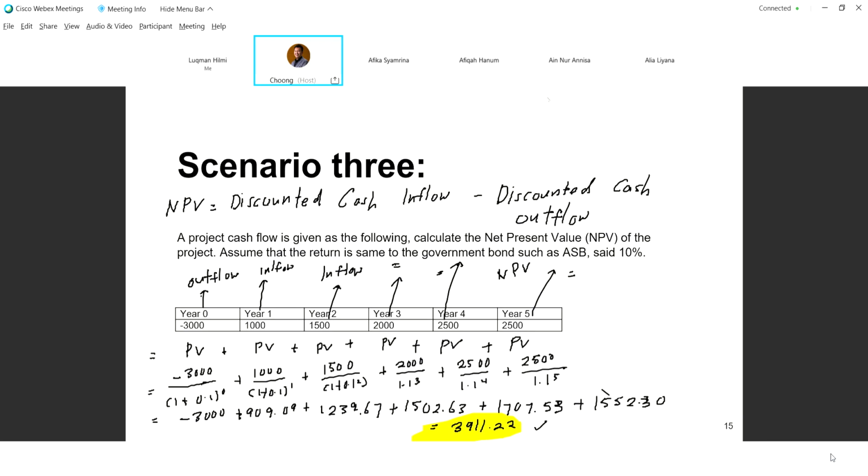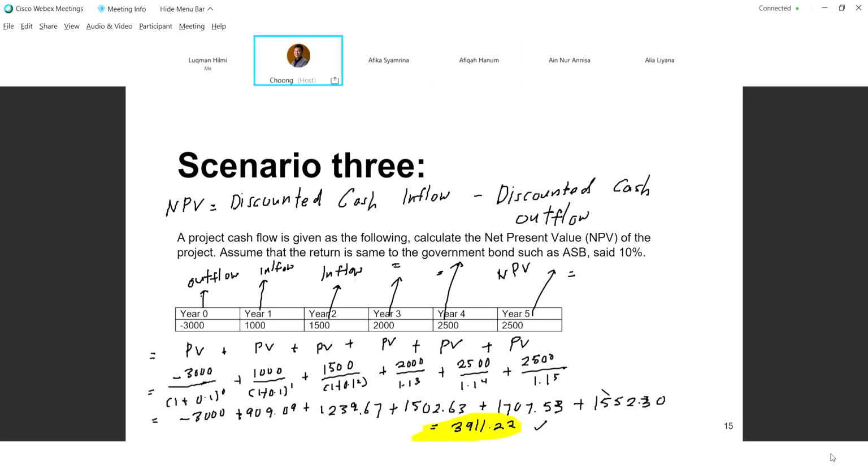And also kalau dia sama dengan kosong, dia tak means that you actually mengalami kerugian. You just get what you expected because your profit here you expected is 10%, sama dengan your ASP. That's the case.